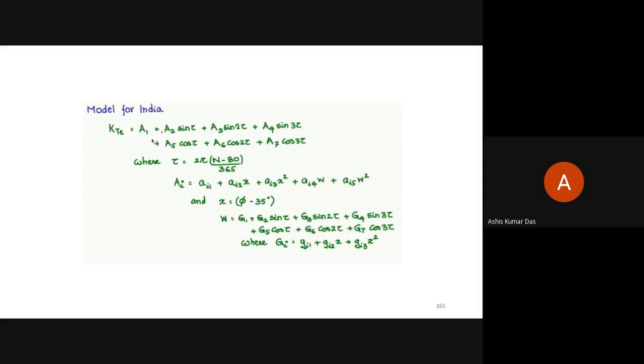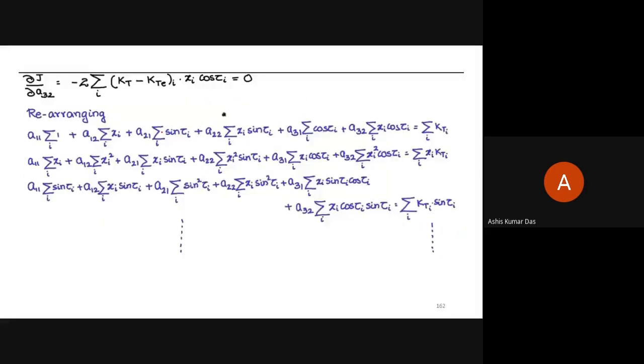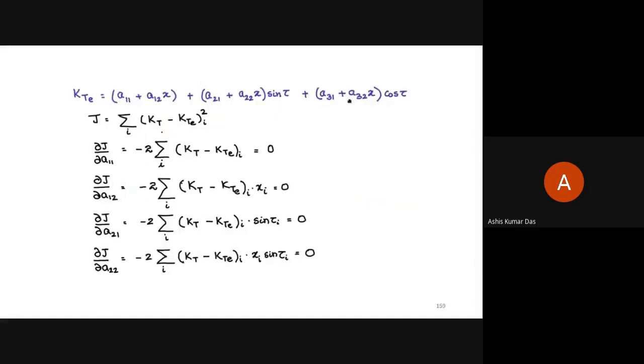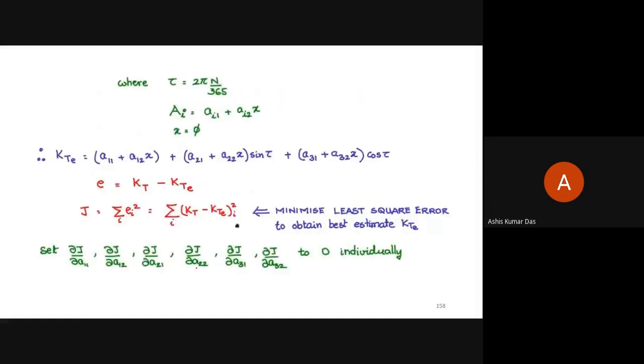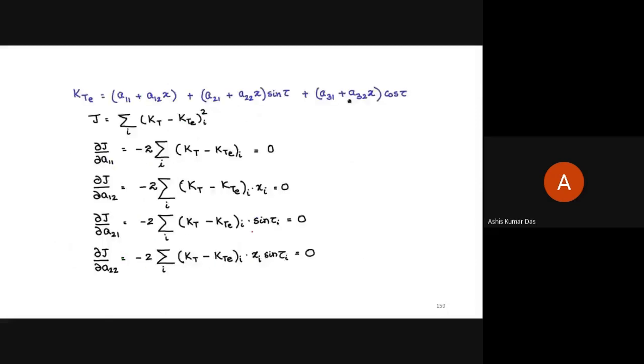That means we need the value of KTE, because the very base of the equation that we assumed earlier was done by minimizing the error, isn't it? So we are minimizing the error. That means your KTE should be nearly equal to the actual value of this clearness index. Based on this, we can estimate the clearness index.